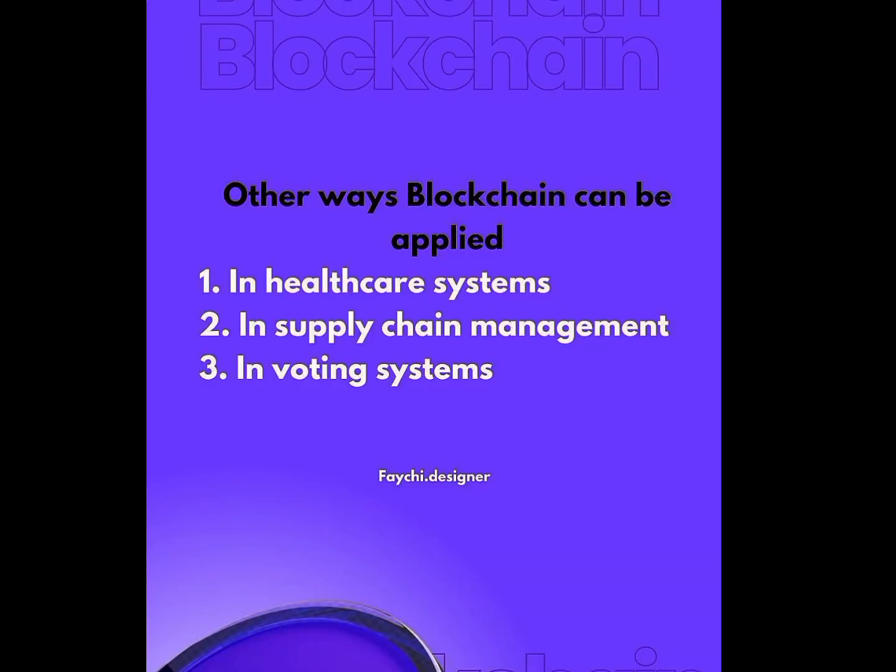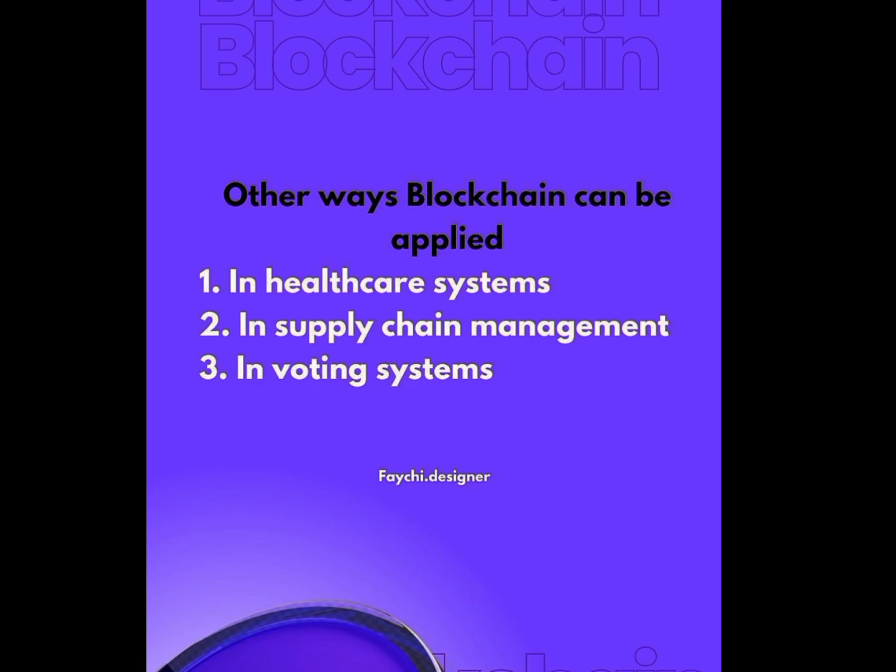Okay, so blockchain is the technology behind cryptocurrencies. Blockchain technology was created for cryptocurrencies, but it's not limited to that, right? There are other use cases, other applications of blockchain, and I'm just going to list them out.